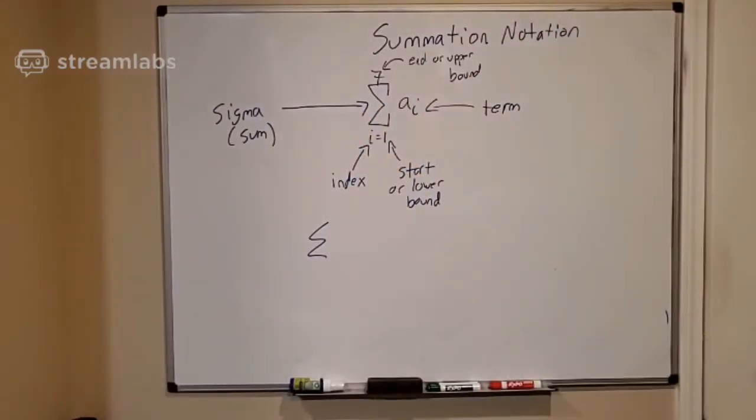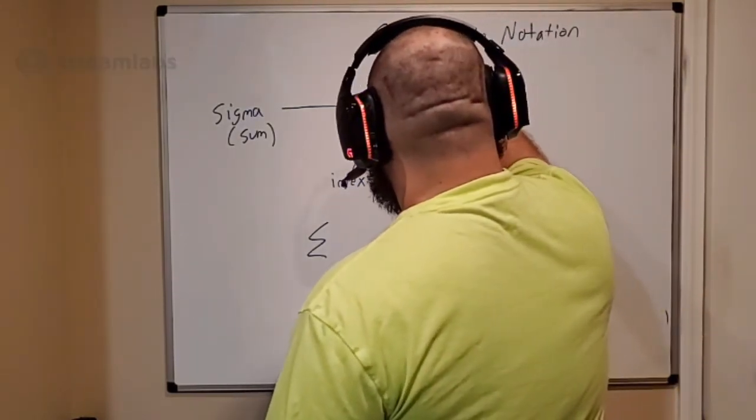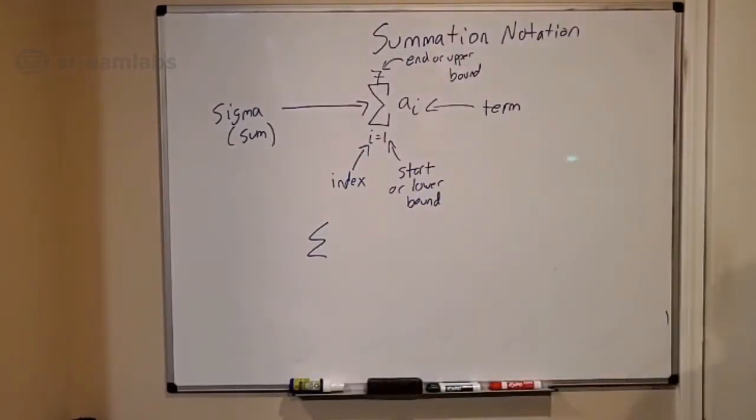What is the word next to upper bound? End, E-N-D. Okay. So again, I will never write the E out the way you see it up there. It takes way too much time and effort. Instead, you'll see my E's that look like that. So that's my sigma.